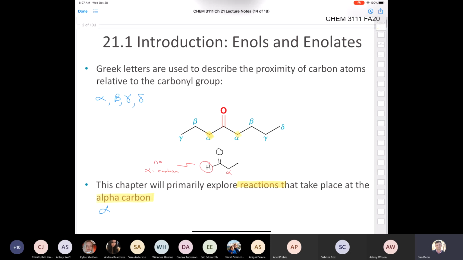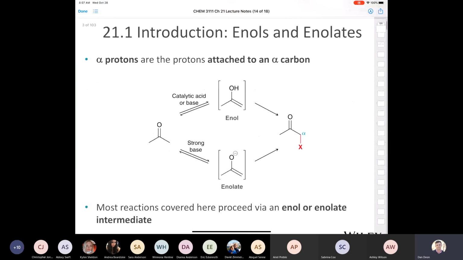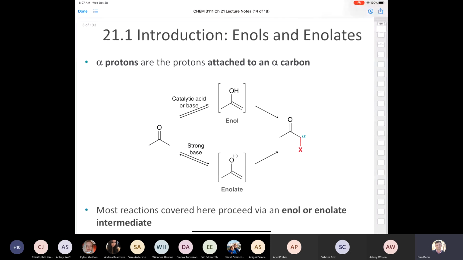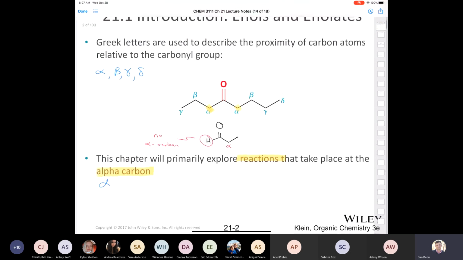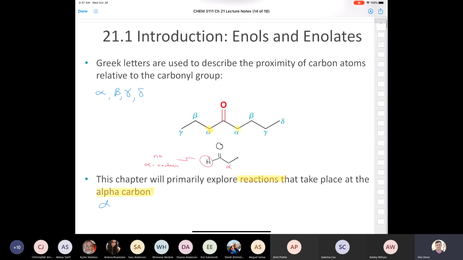All right, well, enols and enolates, let's get into that a little bit more. These are the alpha protons, or the protons attached to that alpha carbon. If we go back a slide and analyze this ketone and this aldehyde, we know that there are 2 protons here.